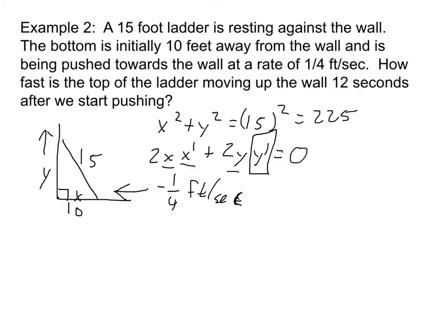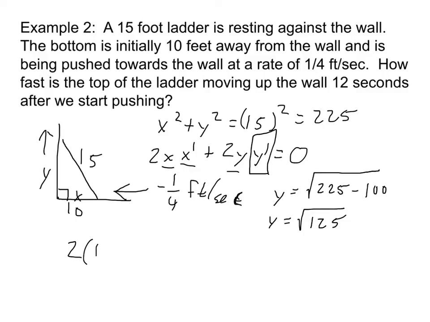But I can solve for y by using Pythagorean theorem. So y equals the square root of 225 minus 100, or y is the square root of 125. So I can use that for y, and I can now just plug it in and solve.